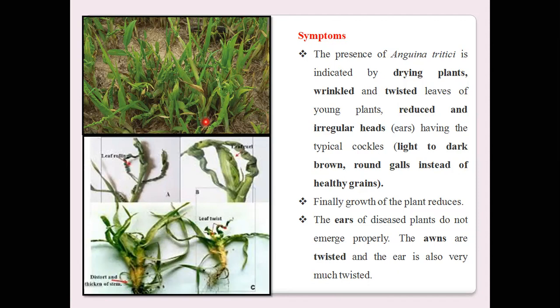Suppose this infected plant develops the airheads, but this airhead is not properly developed, or the awns and some other portion of the airhead are totally infected and may be twisted in appearance. So in this way much of the airhead portion is twisted.